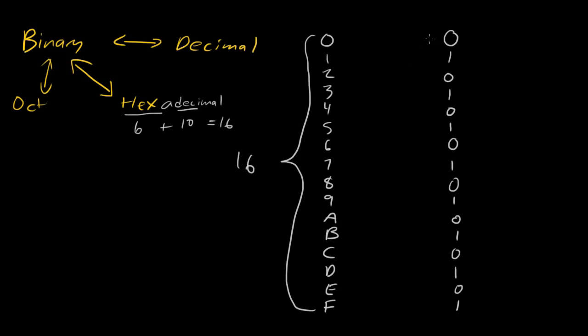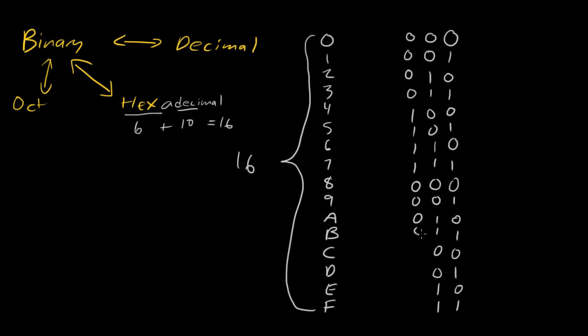So that's our 1 spot. Our 2 spot goes 0, 0, 1, 1, 0, 0, 1, 1, and so on. And I have my 4 spot: 0, 0, 0, 0, 1, 1, 1, 1, and so on.